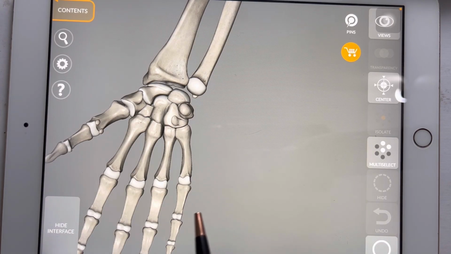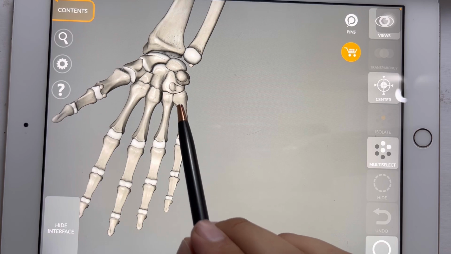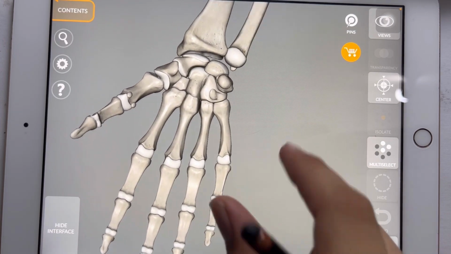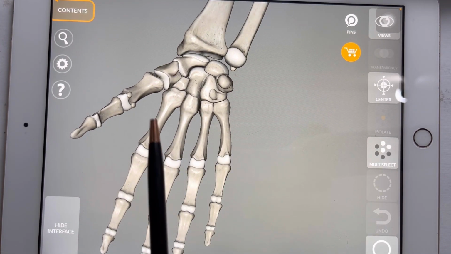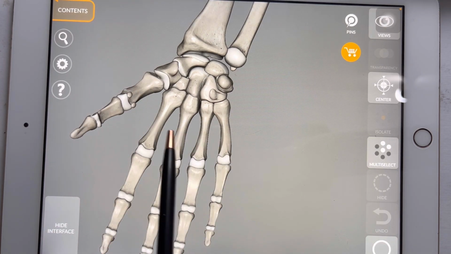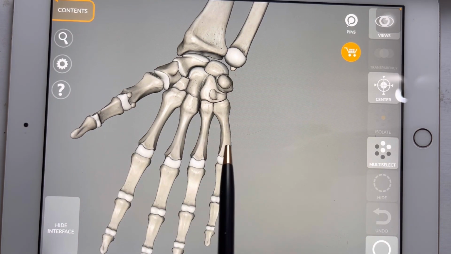Now student, moving toward the bones in the hand region. Student, in the hand region we have metacarpal bones and phalanges. Student, there are a total of 5 metacarpal bones which are named from the lateral side to the medial side as first, second, third, fourth and fifth metacarpal bone.